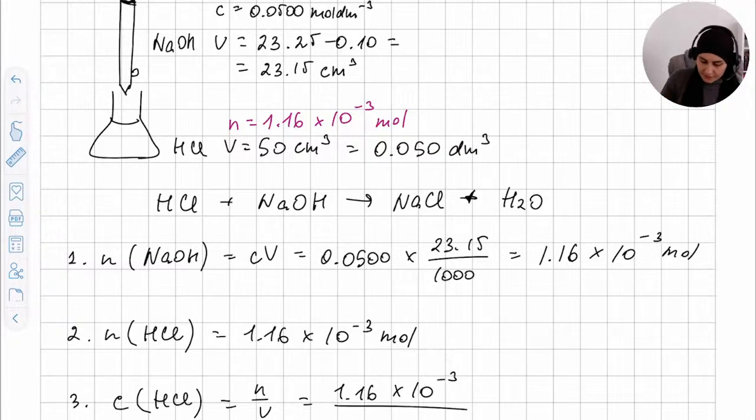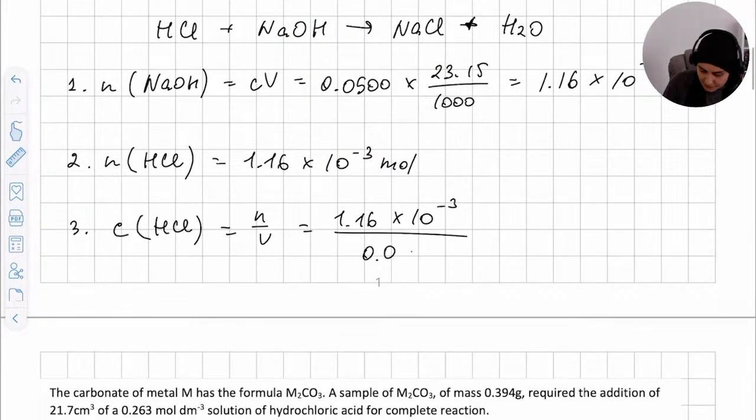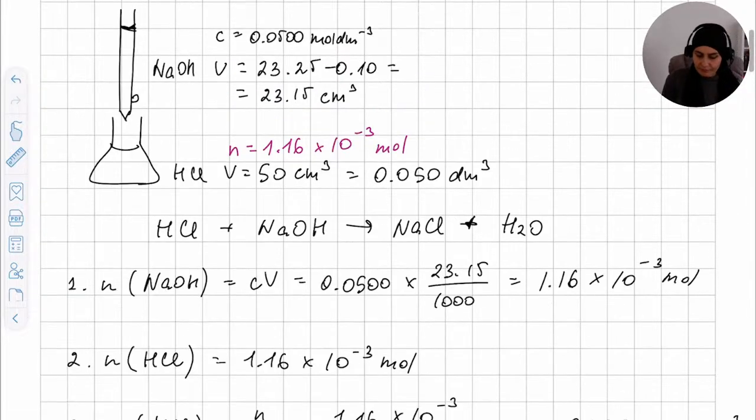That's divided by 1,000. Okay, 1.16 times 10 to the minus 3 divided by 0.05 is 0.0232 mole per cubic decimeter, right?